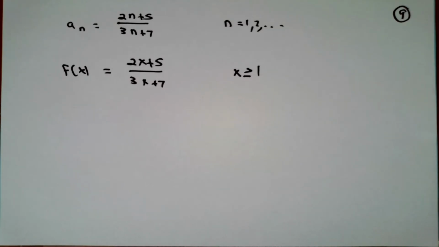In Calculus 1, we learned that increasing or decreasing is described by the first derivative. So we're just going to do the derivative of f and see if we can't observe that it's negative if x is at least 1.